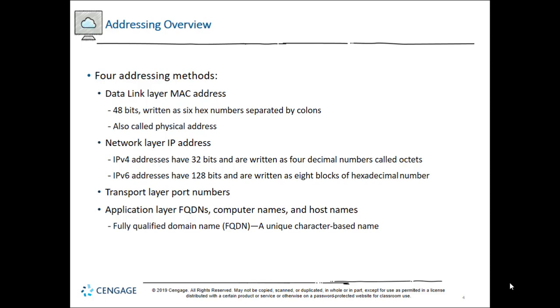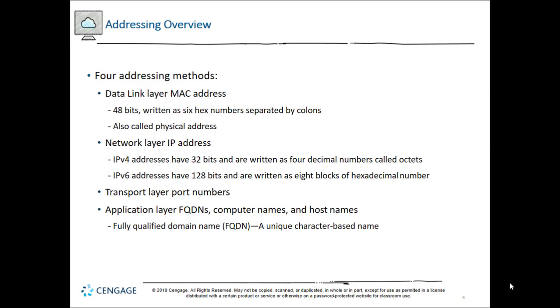I say typically because sometimes when we look at them, they'll be separated by a hyphen. Okay. It's also called your physical address. So your MAC address, your data link layer address, your physical address, and you will also at times hear it called the Ethernet address. A lot of people get that confused.